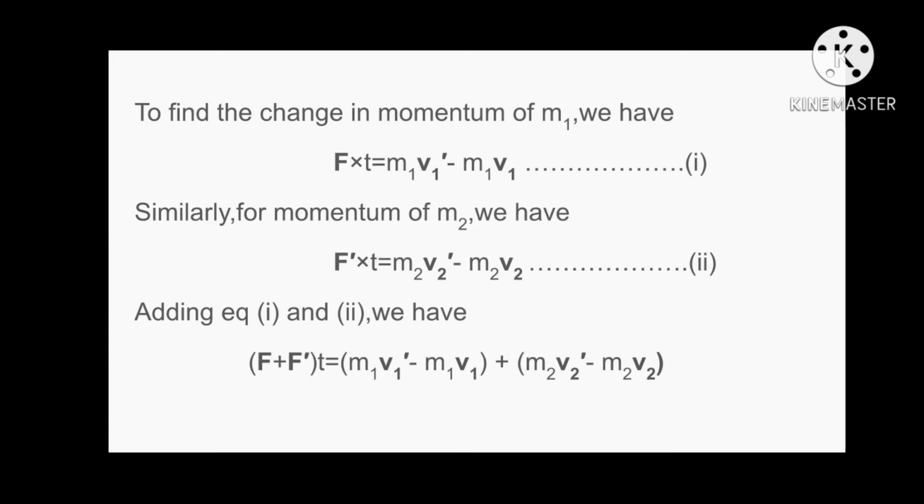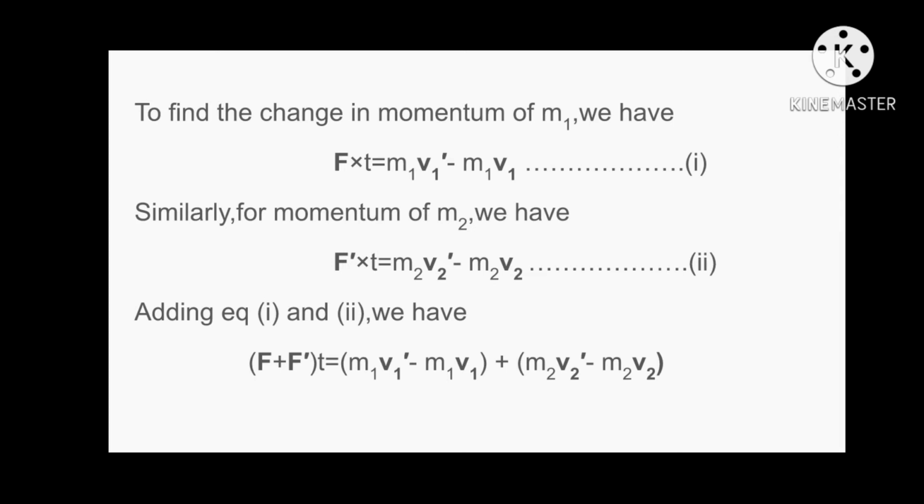Similarly for the momentum of M2, the second ball, we have F prime multiplied by t is equal to M2 V2 prime minus M2 V2, meaning the product of the force and time is equal to the momentum of the second ball after collision minus the momentum before collision. So this is the second equation.